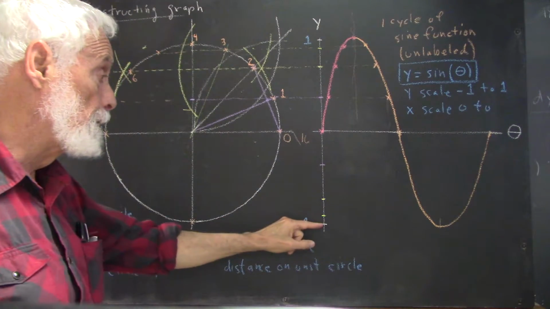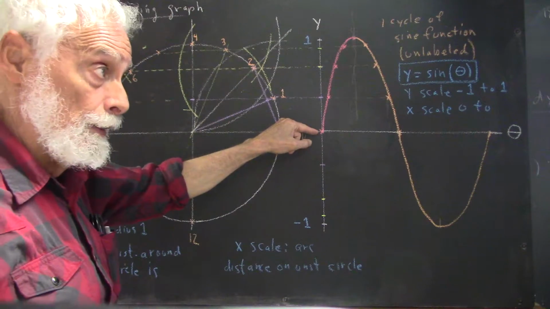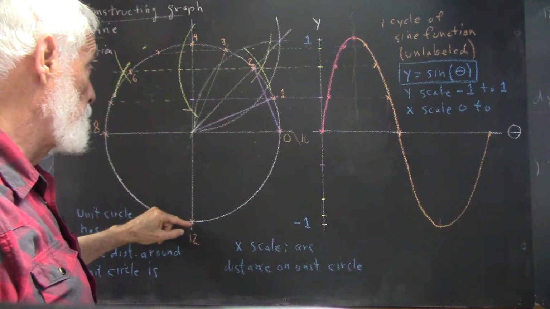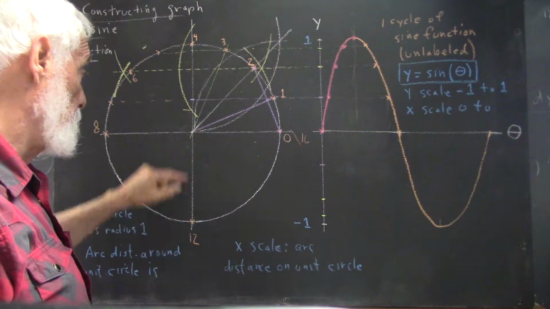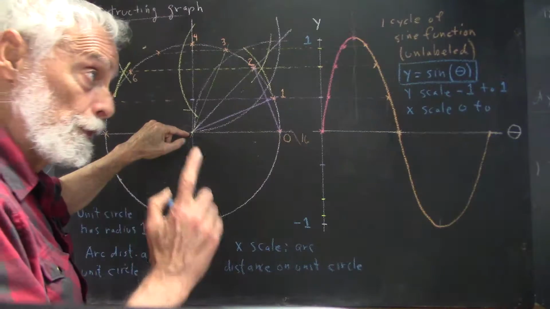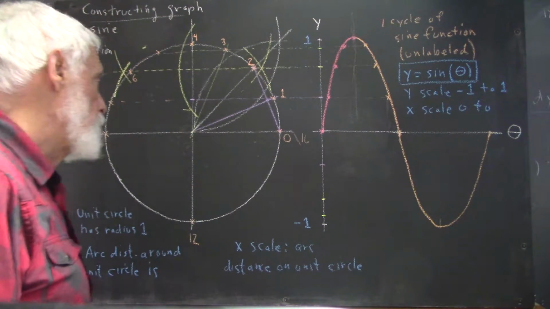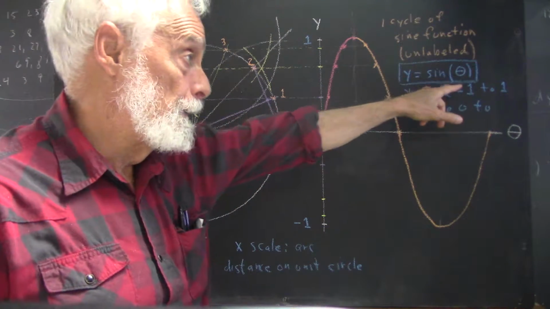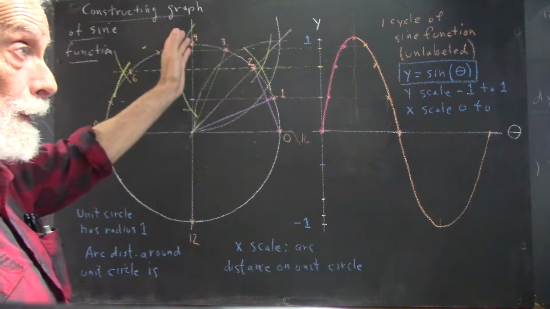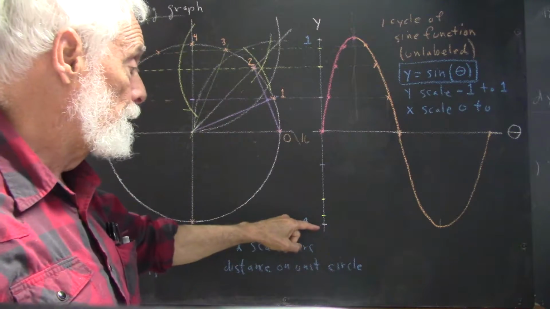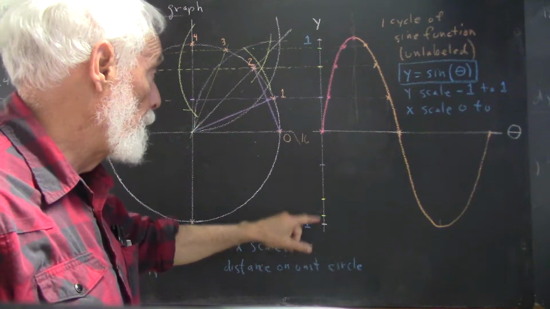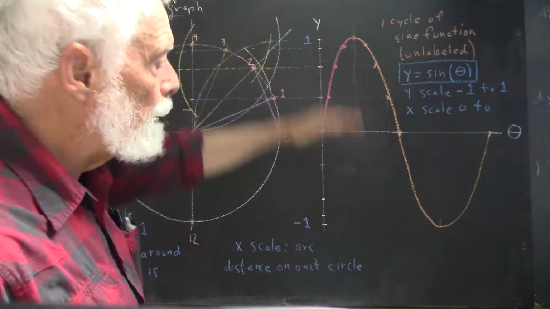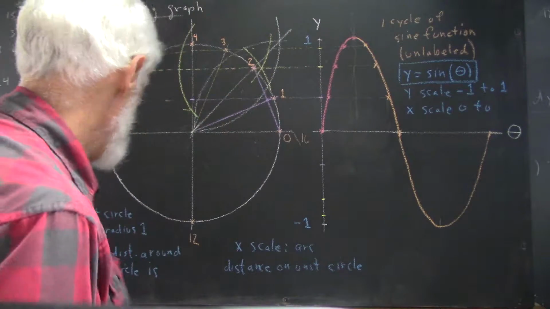If this point projects over to here and this point projects over to here, then the distance from here to here, being 1, has to be the same as the distance from here to here, and the distance from here to here is, by doggone, 1 radius of the circle. So for our mathematical sine function, the circle has radius 1, and the y-axis correspondingly is labeled from -1 to 1. And the values of the function go from -1 to 1.